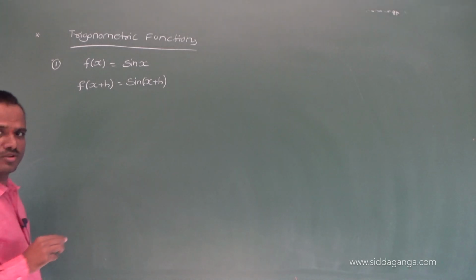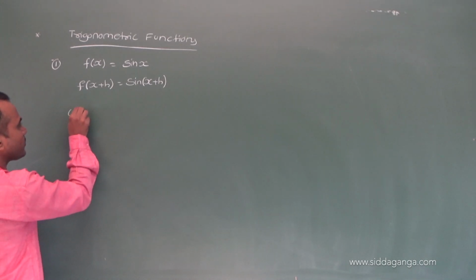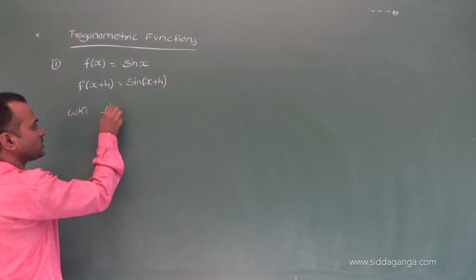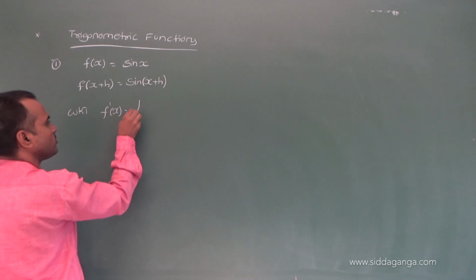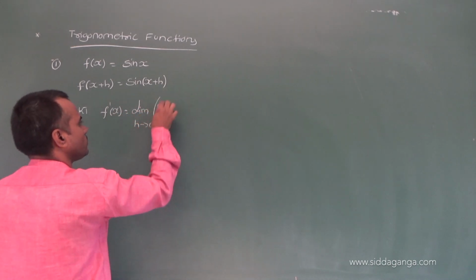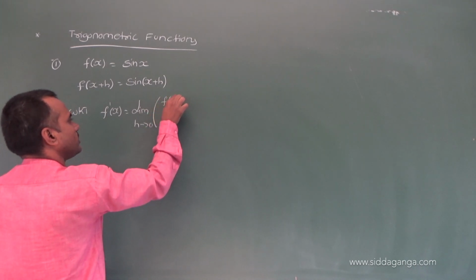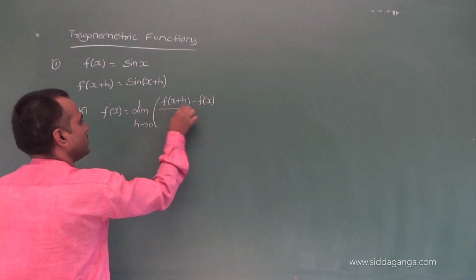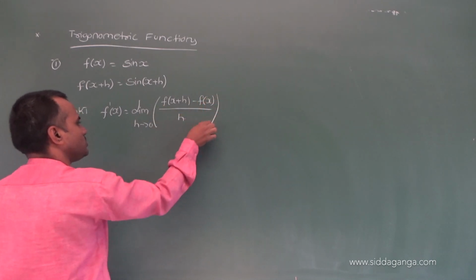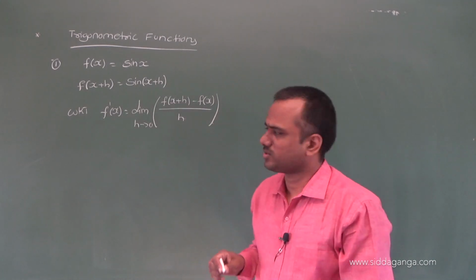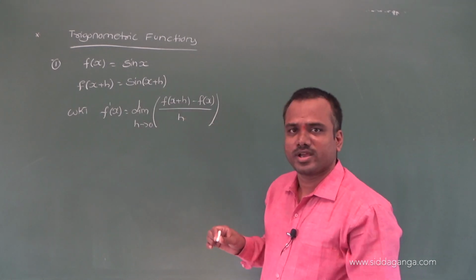We know that f dash of x is equal to limit h tends to 0, f of x plus h minus f of x divided by h.